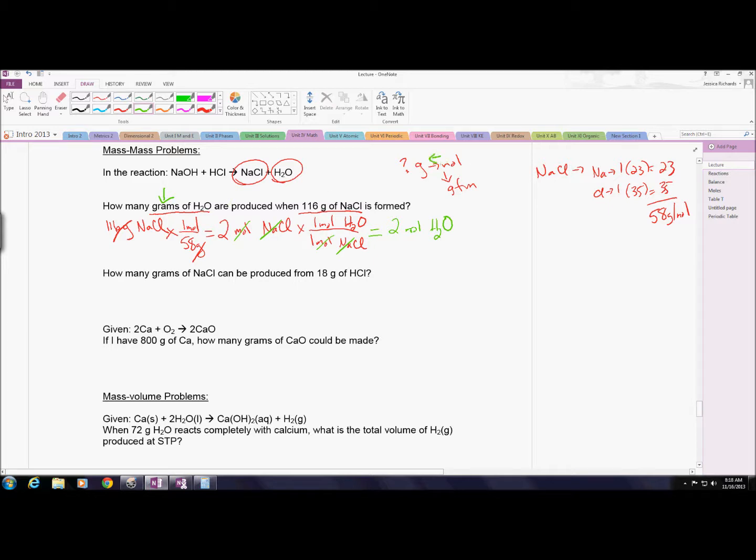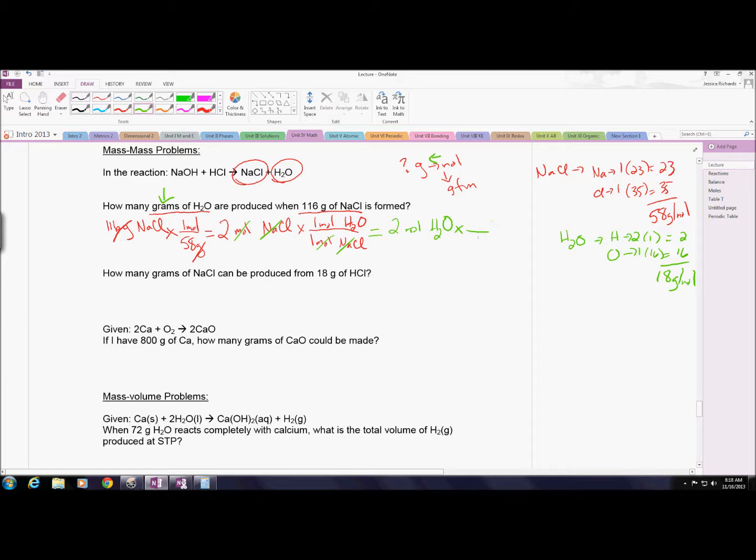Oh, that's right. To go from moles to grams, I use the gram formula mass, so I find the gram formula mass of water off to the side. 2 hydrogens at 1 each, 1 oxygen at 16. 2 and 16 give me a total formula mass of 18 grams per mole.